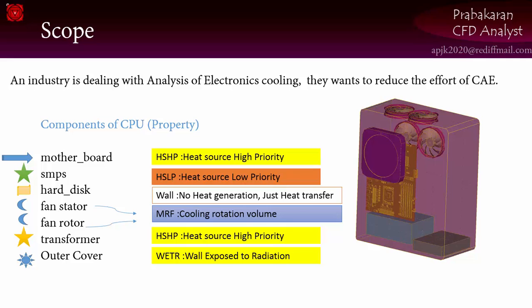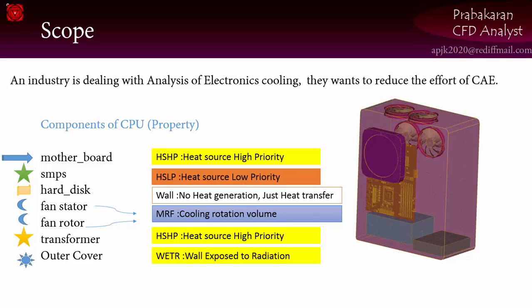So today we are going to take a CPU model, and the same kind of CPU components are getting used again and again for analysis, with the parts placed somewhere from the initial position.